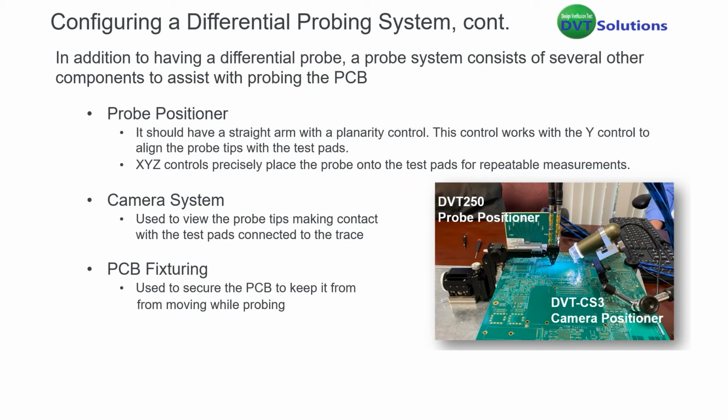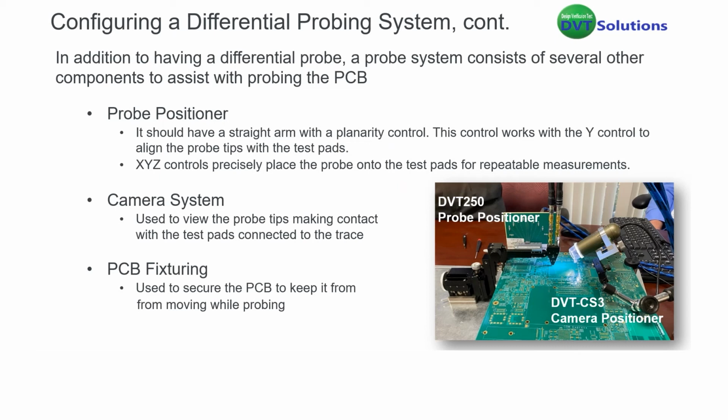They're basically components that consist of a probe positioner that you attach to the probe. And what that does is it holds it in place planar to the surface of the board, which allows us to go down onto the test pads with maybe some minor planar adjustment controls, allowing the probe tips and the test pads to make contact so that you get good data coming from it.